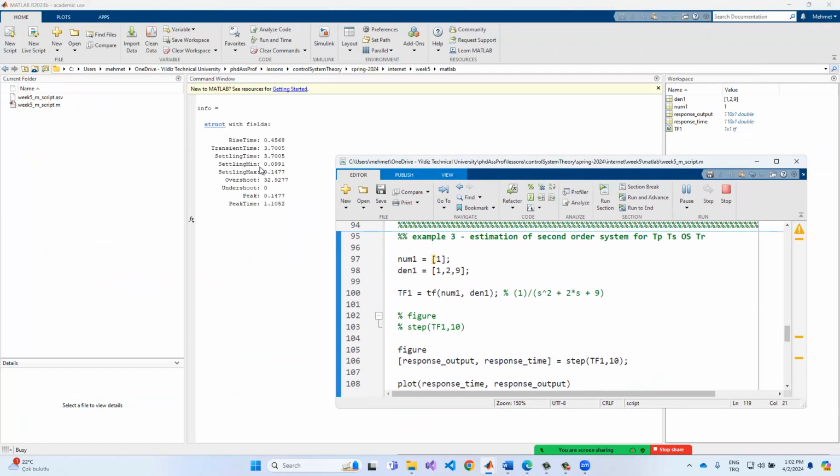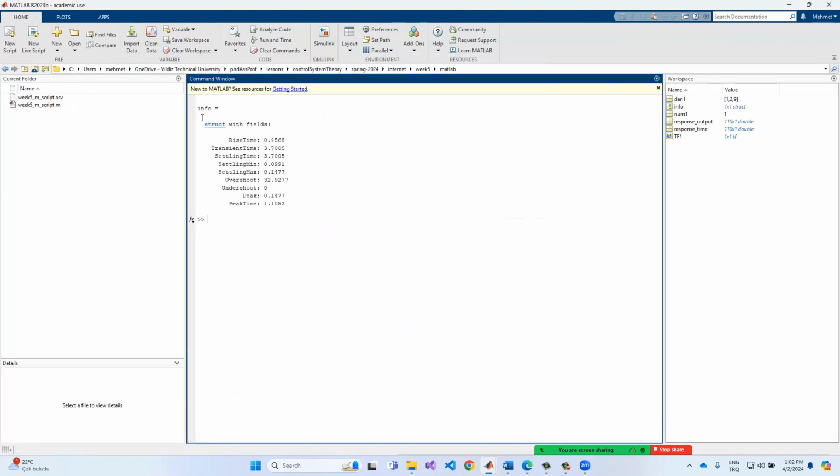If I run this code, this info generates a struct with the rise time, transient time, settling min, settling max, overshoot value, undershoot, peak, and peak time. This step function analyzes the results based on the signal information, and this gives us the parameters of our system, just like this one.